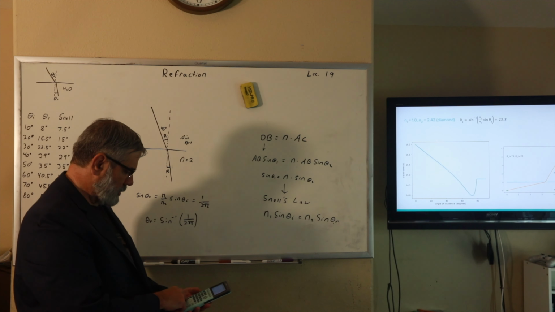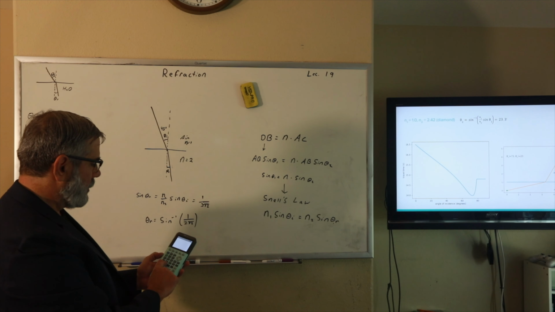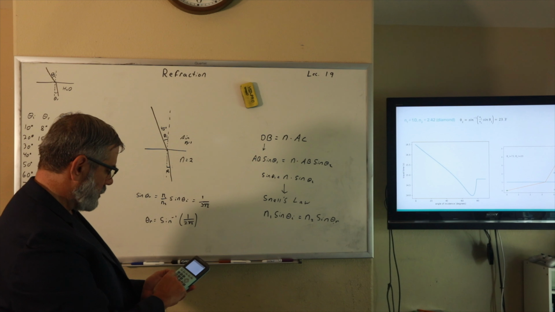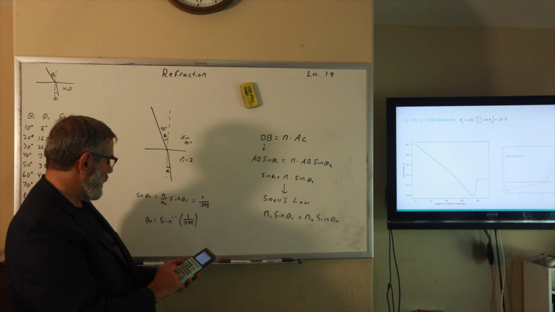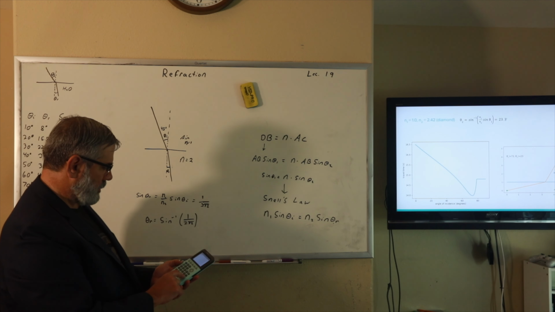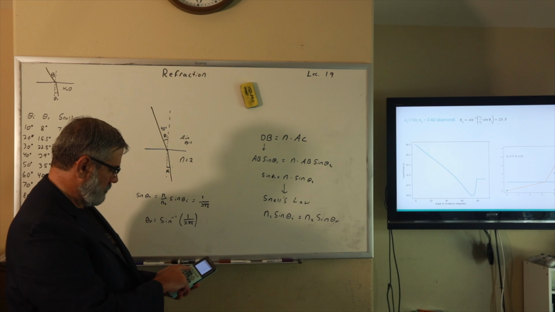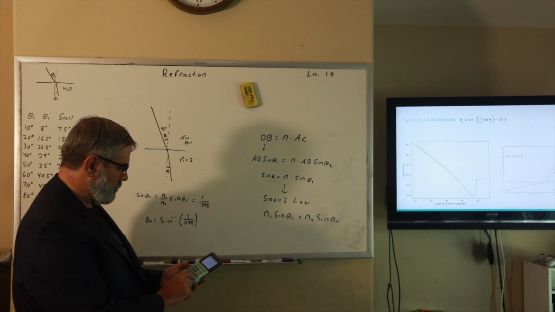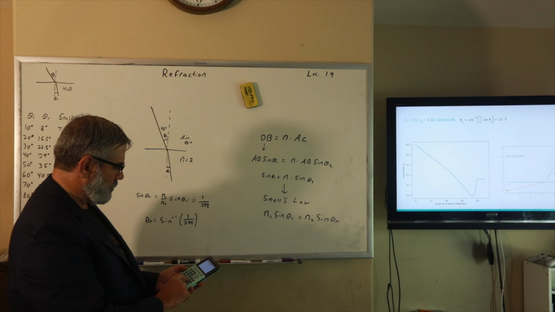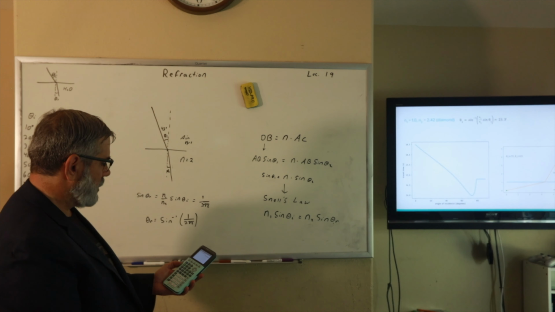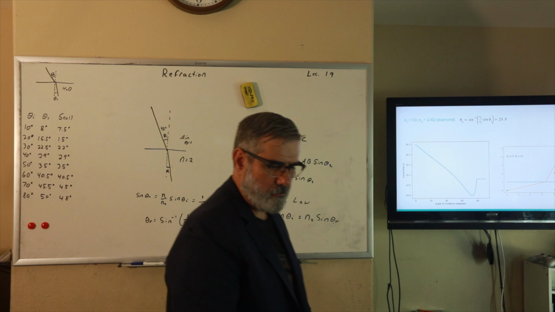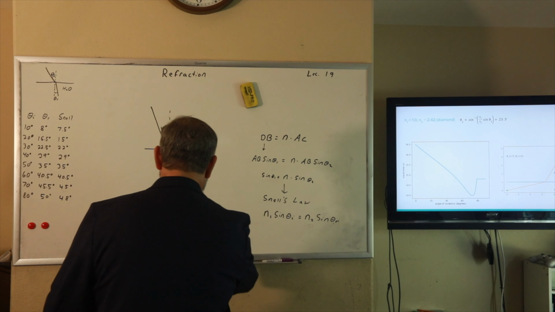So where is the inverse sine key? It's right above the sine key on the TI-84. So I hit inverse sine, and 1 divided by 2 times the square root of 2. And that tells me that it's 20.7 degrees. I have it set to degree mode, so I'll get an answer in degrees.